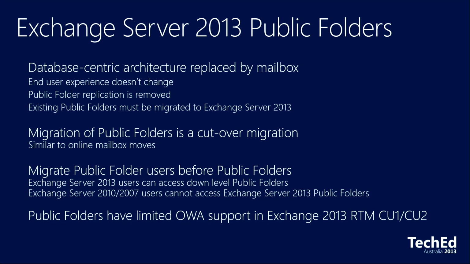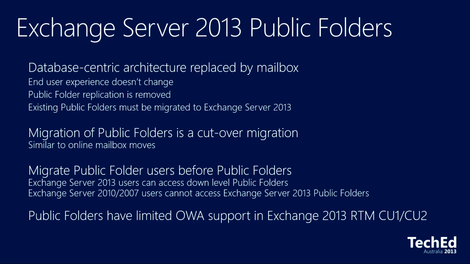You will only have one active copy and then X number of passive copies, depending on your replication needs. So what that means is there's also no more multi-master public folders. We don't have content in Europe and content in North America that people can access locally and that somehow magically gets merged together. That doesn't exist anymore. The content exists in one place and in one place only.